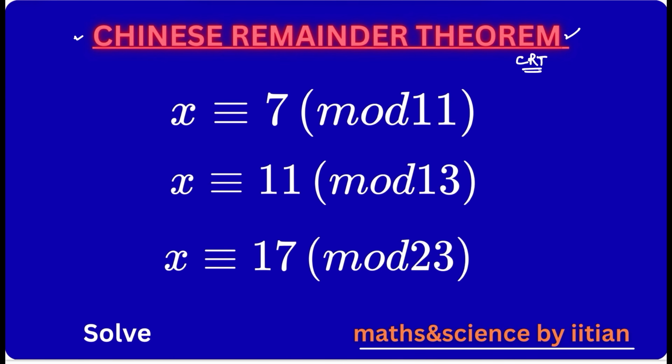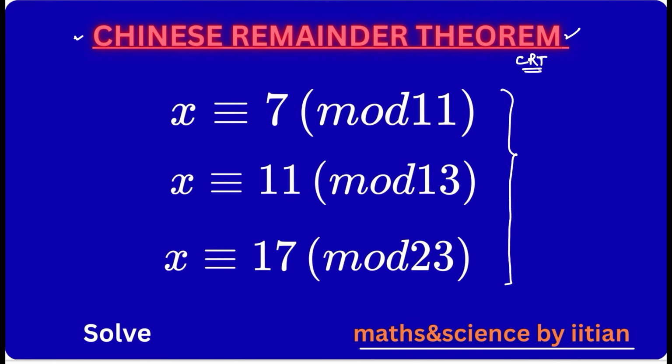We will be using this theorem to compute and solve the system of congruences, that is x equivalent to 7 mod 11 and x equivalent to 11 mod 13 and x equivalent to 7 mod 23. These three are a system of congruences.